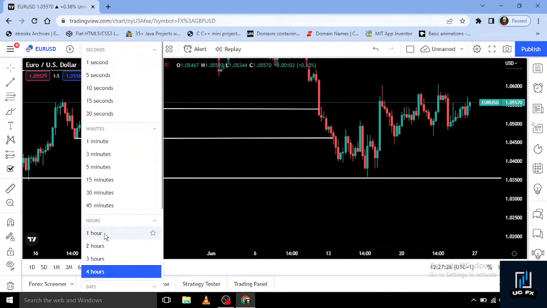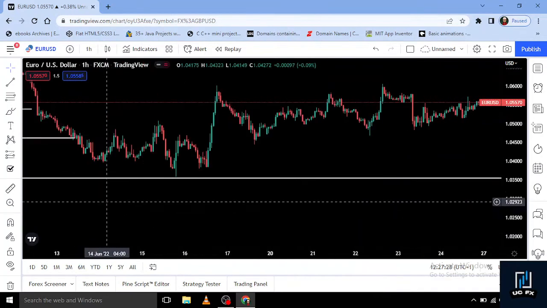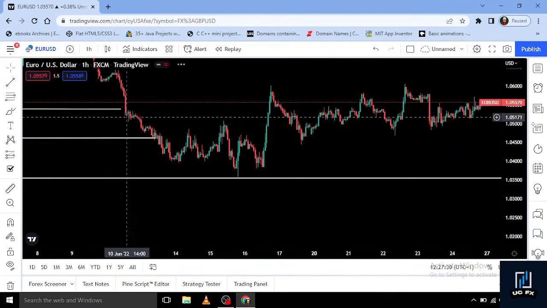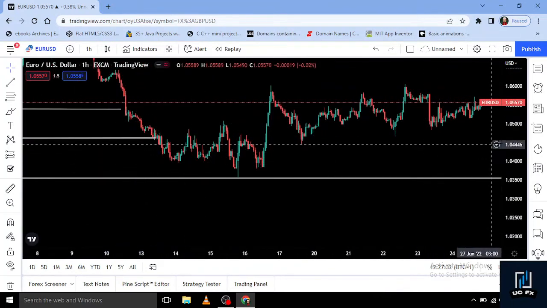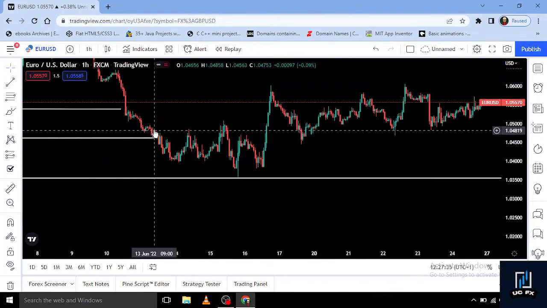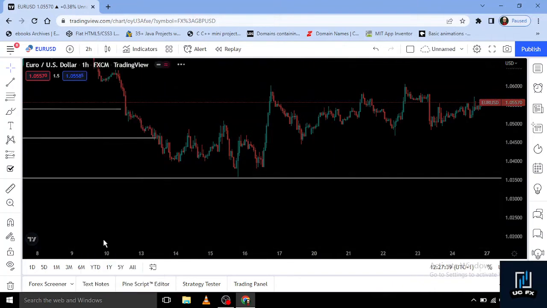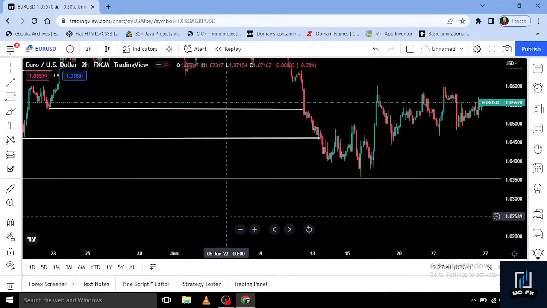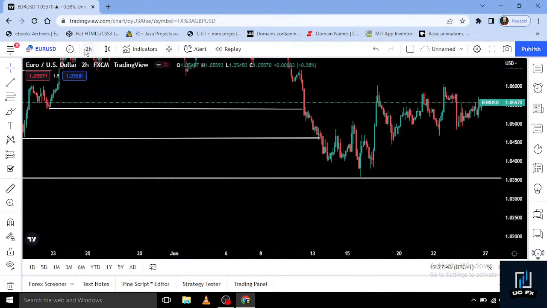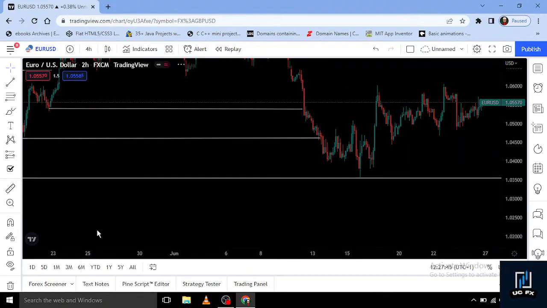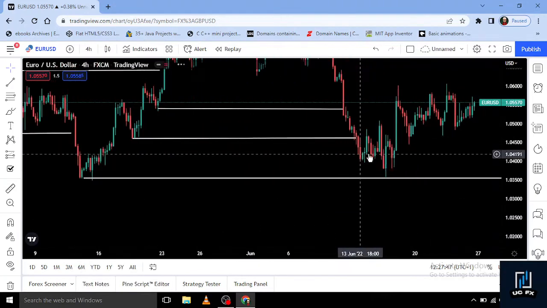Let's go to the 1-hour time frame. So here on the 1-hour time frame, the order block is sitting right here. Let me use the 2-hour time frame. Let me first of all mark it out on the H4.